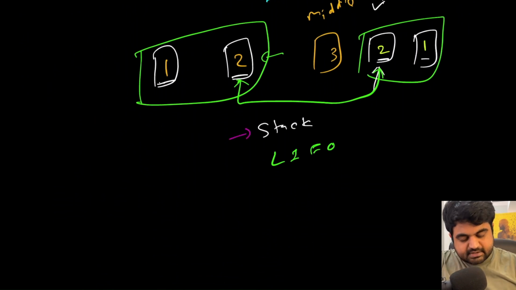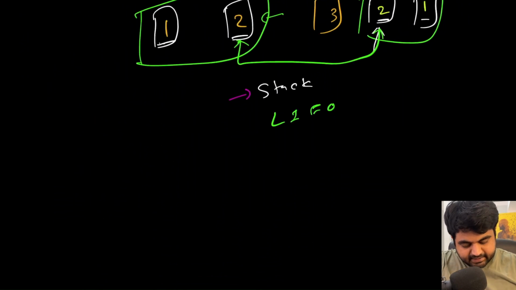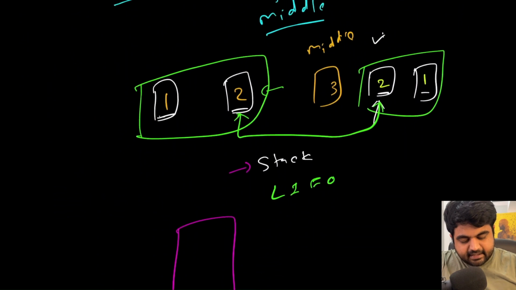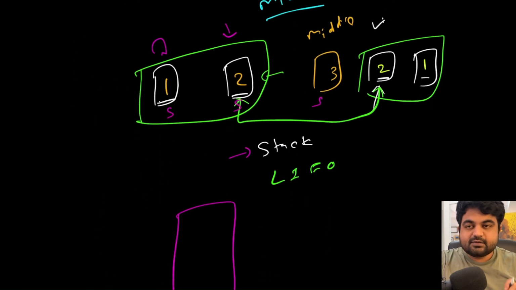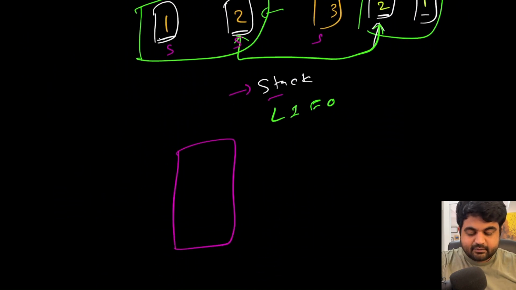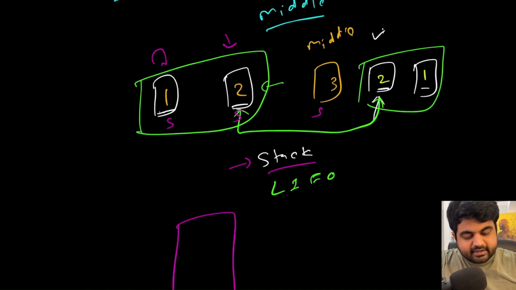So the logic is that first, I'm suggesting we have an empty stack. Whenever we are iterating over these values in sequential manner, because the slow pointer is going to go through all of the values, all the values that are currently placed in the slow pointer, we are also going to add into the stack, and the fast pointer is going to lead us to the very end of the linked list.